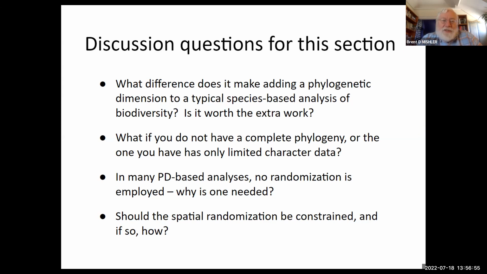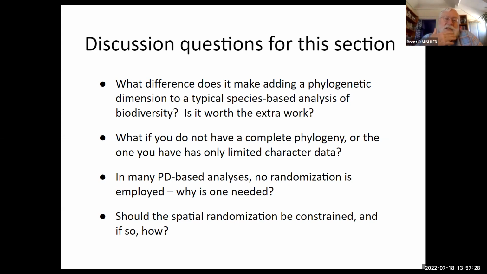The randomization, the way we do it, is pretty simple and unconstrained. We just take the distribution of the occurrences of a taxon off the map and put them back on randomly anywhere in the map, with the constraints being that the range size of a taxon stays the same, number of pixels, and the amount of diversity, number of pixels, stays the same in each grid cell.